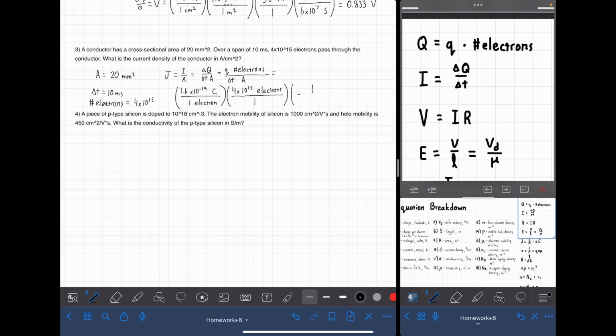So 1 over 10 milliseconds. For current, we're going to have to convert to seconds. So let's say we have 1,000 milliseconds in 1 second. And then running out of space again. Dimensional analysis really gets big. We are dividing by our area, which is 20 millimeters squared.